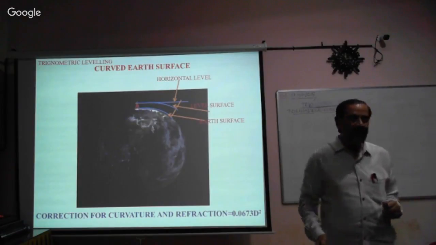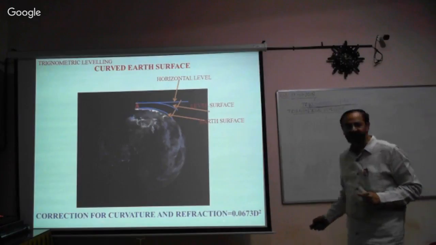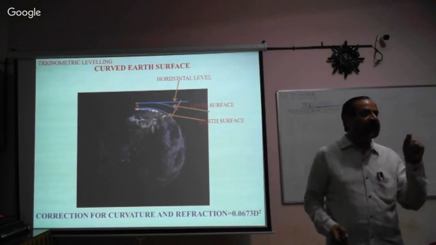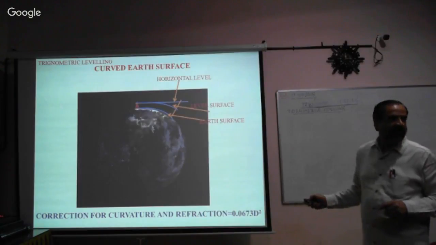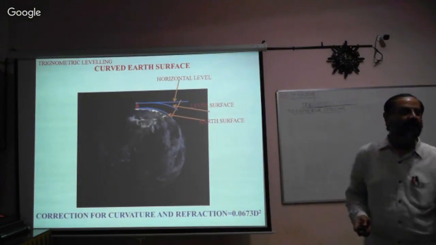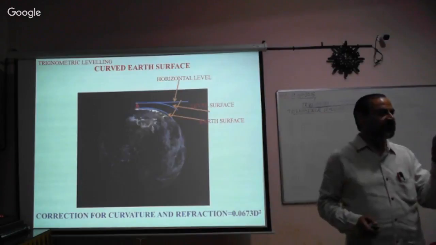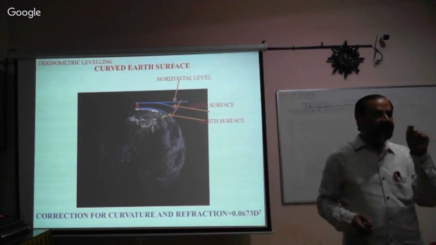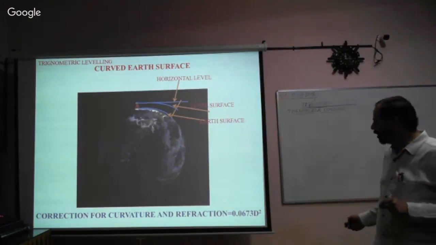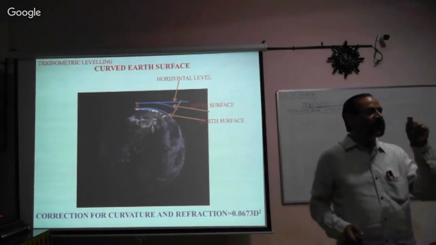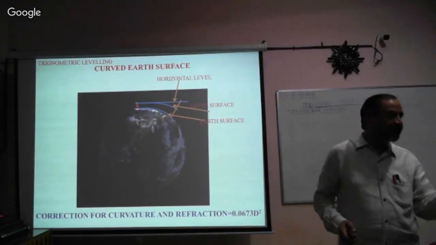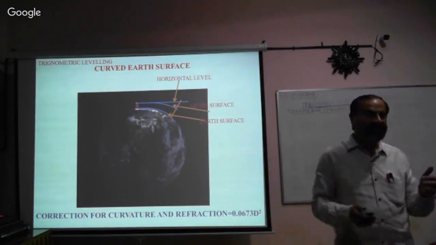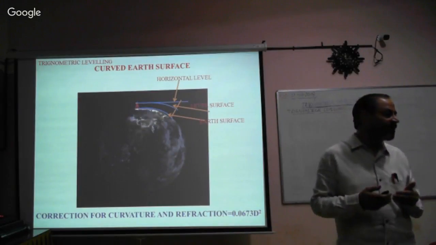Now, this error, after calculating, depends upon the distance, no? You calculate it by applying the distance. If the value is 0.0001, will you consider that? Not necessary to consider it, as the distance is too small, isn't it?